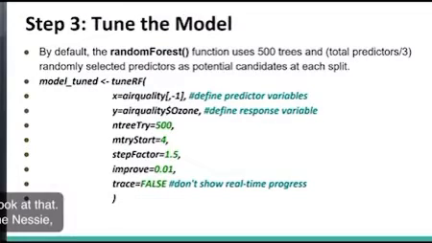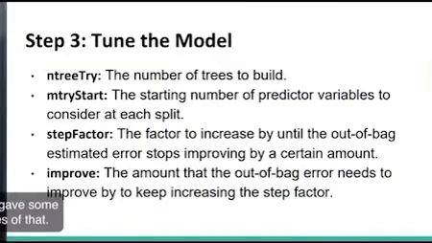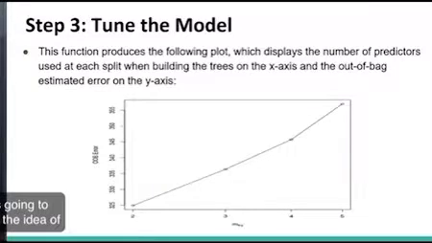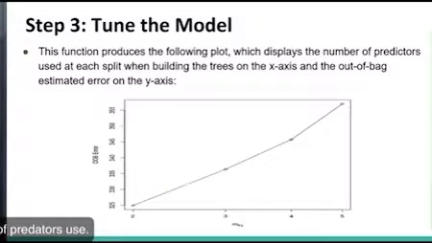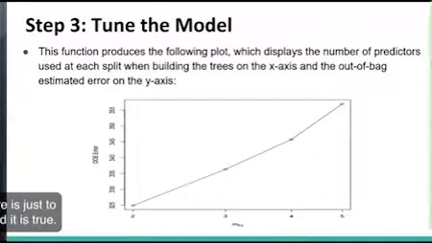Now, the next thing: you tune the model. I think I gave some minutes to that. This is going to give you the idea of the number of predictors to use. It's telling you to use the number of predictors where the out of bag error is minimal. And here it is 2.